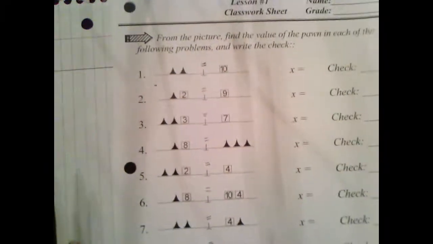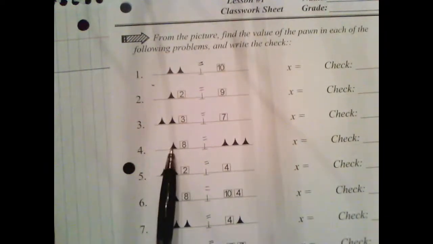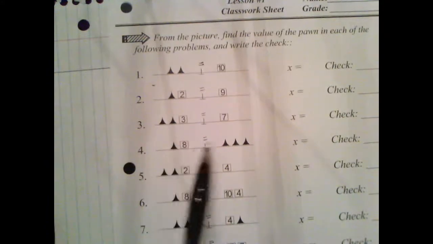So as a review, I'll set this one up. I have a pawn and an 8 block and 3 pawns on the other side. So here's my pawn, here's my 8 block, and here are 1, 2, 3 pawns on the other side.